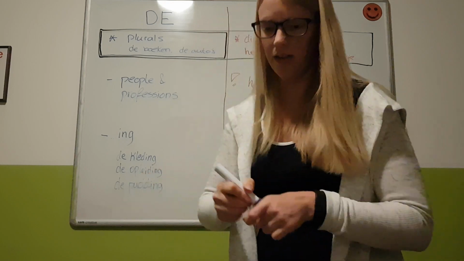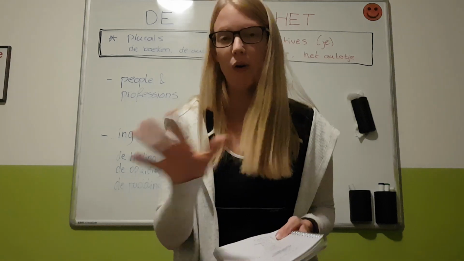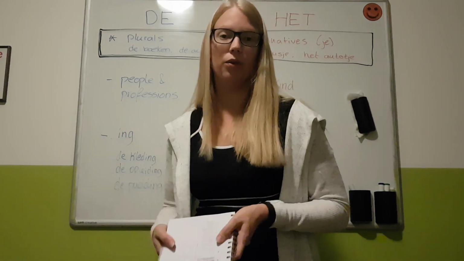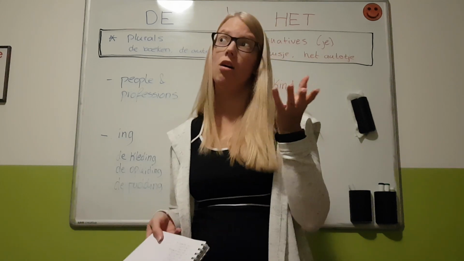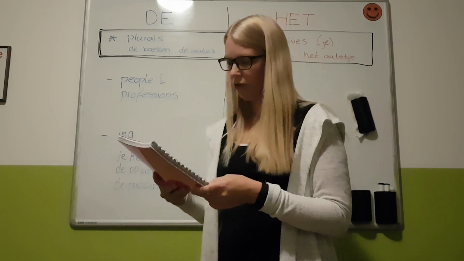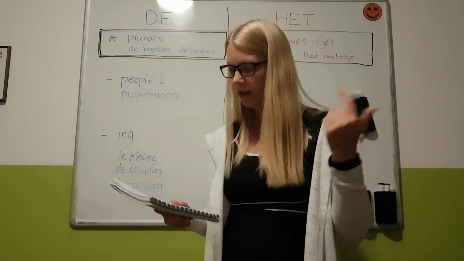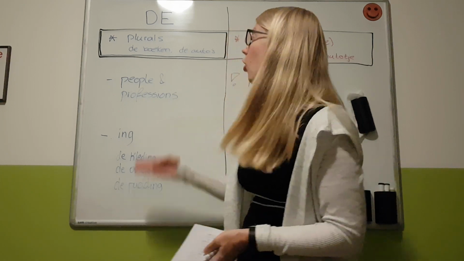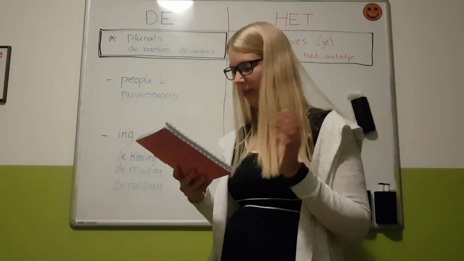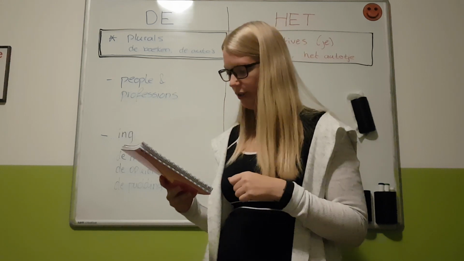I will not write all my examples, but I will read some to you. It's not a problem if you don't understand all these words, but if you do, it can be helpful. If you recognize the word, you will be like, oh yeah, alright, so now I can remember from now on, this word is the de word. So we have de kleding, de aanbieding, which is like the offer or discount. De koning, the king, which was already de because it's a person, but with ing it's actually double de. Doesn't change anything, but there's two ways how you can discover that that word is de.